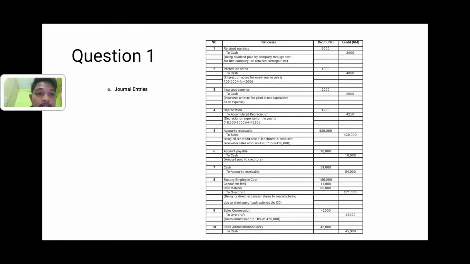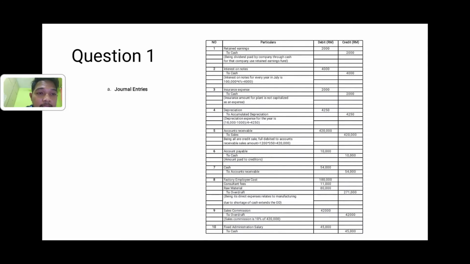The sixth is accounts payable, which is debit 10,000 to cash 10,000, the amount paid to creditors. And number 7 is cash, which is debit 54,000 to accounts receivable, credit 54,000.